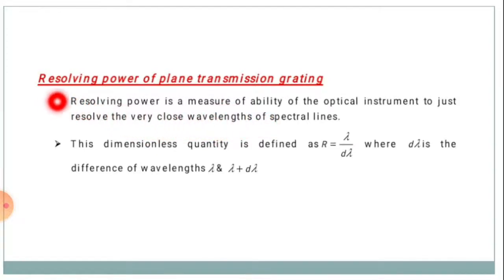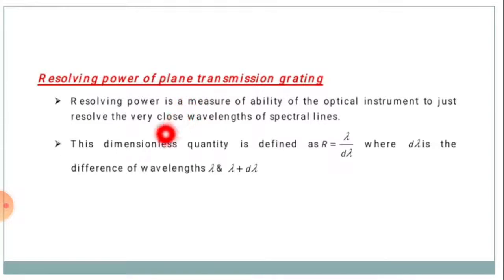That is, the resolving power of a plane transmission grating is its ability to show two neighboring lines in a spectrum as separate. So, it is the ability of an optical instrument to show two neighboring lines in a spectrum as separate.